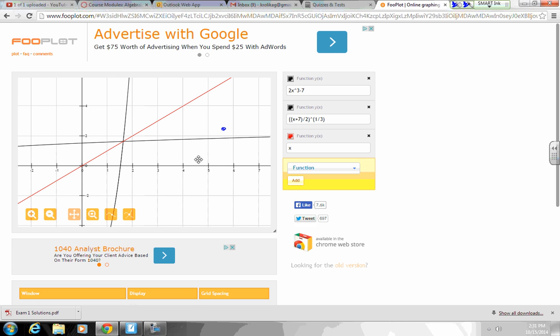If I give you a graph of a function, sketch the graph of the inverse of that function, all you have to do is draw a line y equals x and flip it over that line. Okay, let me do an example of that.